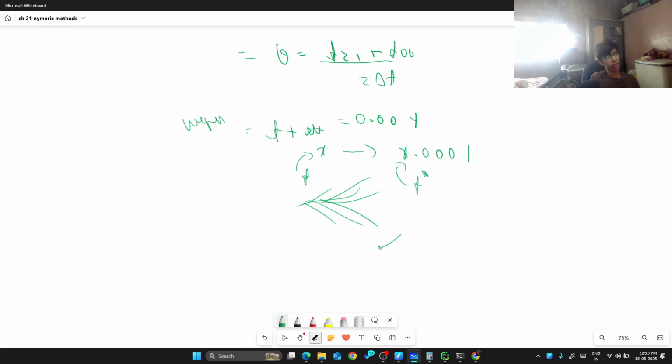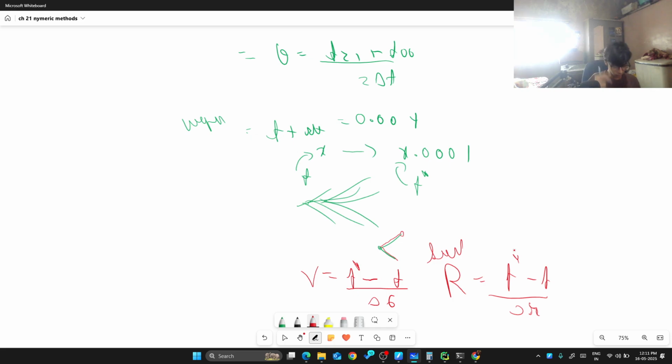We will create two binomial models that are a little bit the same, right? And then we will compute vega. So vega equal to f star minus f, and in the same way we will calculate rho. Rho equal to f star minus f with respect to r. Okay, simple.